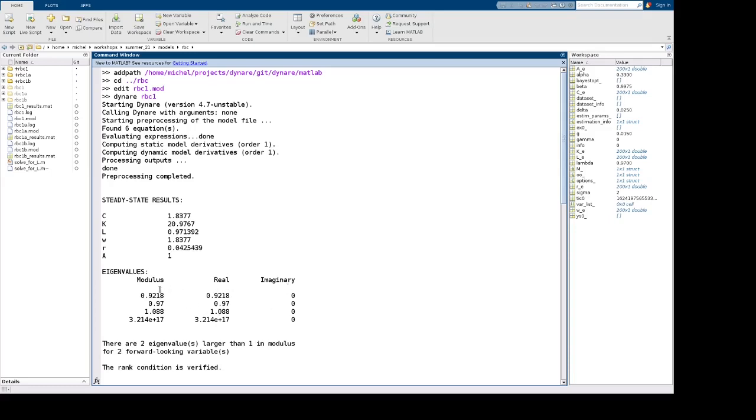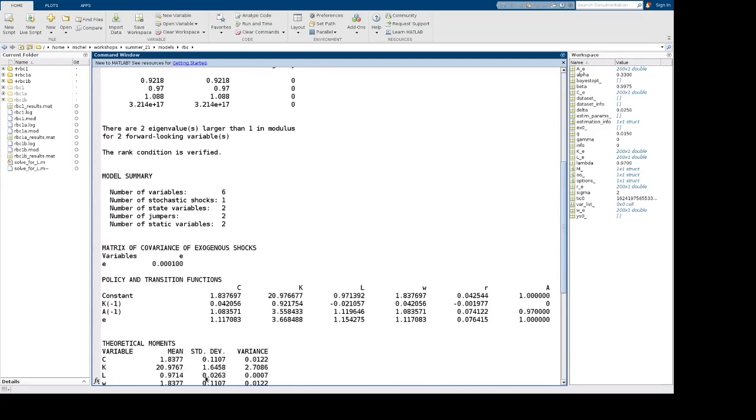And we see we have two eigenvalues smaller than one and two larger than one. This very big eigenvalue is probably an infinite eigenvalue. And then there are two eigenvalues larger than one in modulus. In this model, there were two forward-looking variables, consumption and return on capital. And the rank condition is satisfied.